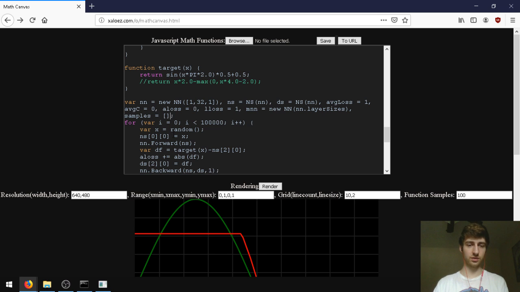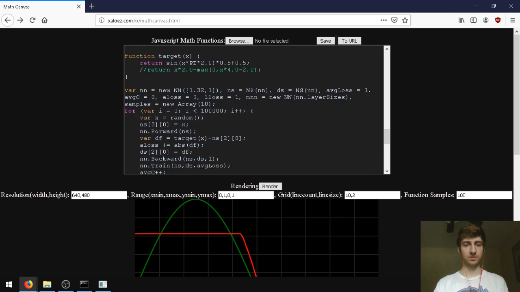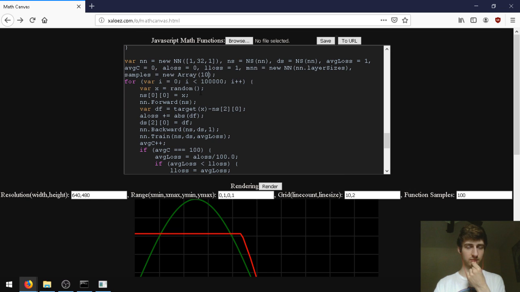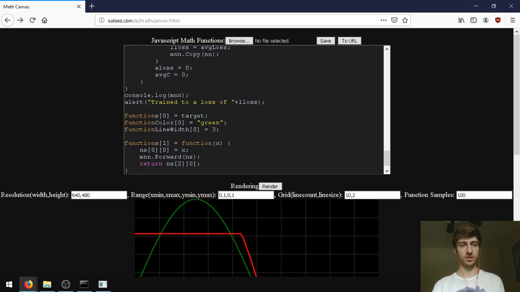Okay, so we're going to do a fixed number of samples. 10. So then what we're going to do is, how are we going to do this? 0.01. Yeah, 0.01 is pretty common.